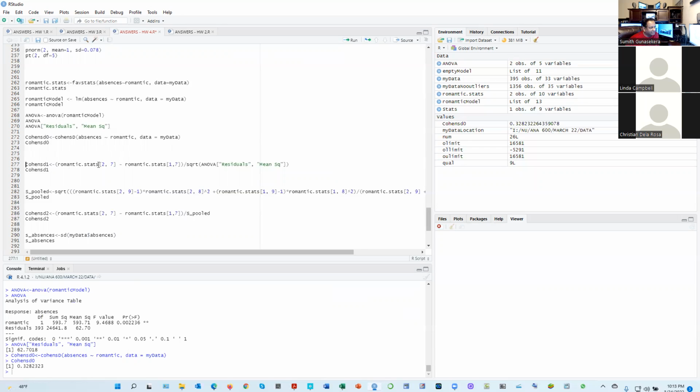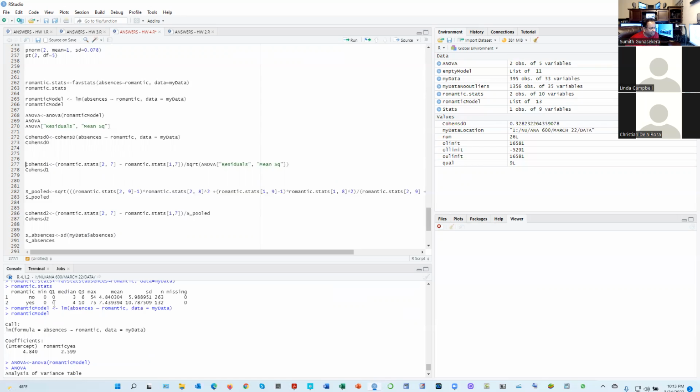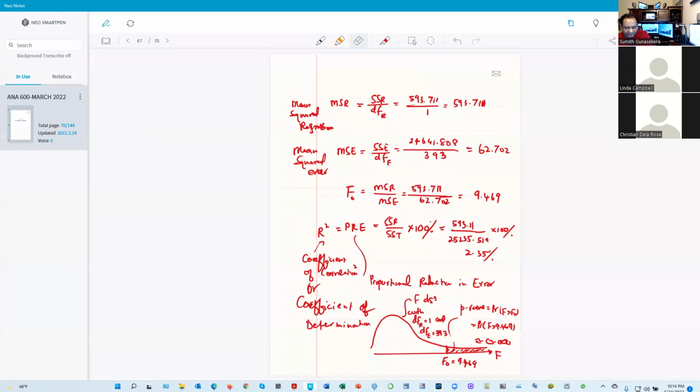You go to the romantic state, go to the 27, which is the mean, in the seventh column, and then you are reading the mean for romantic yes minus romantic no, 4.84, divided by S. You can remember that formula; we had a broader discussion on that one.